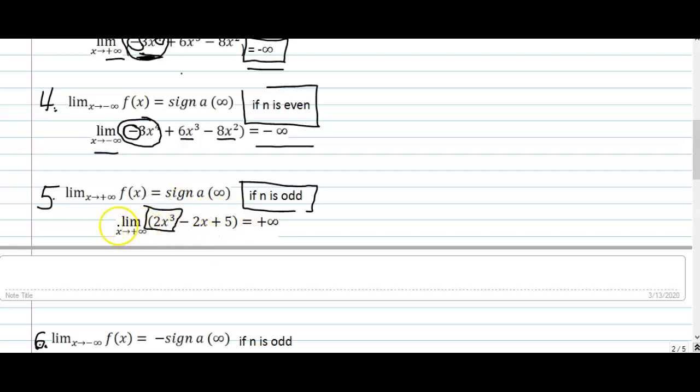And again, if we're talking about a value for x becoming infinitely large, increasing without bound, and it's positive, then if we cube that infinitely large value, that's going to give us a value which is even greater. And then to determine whether that quantity is going to be positive or negative, we have to look at the sign of the leading coefficient. So here it's positive, so that's going to give us positive infinity.